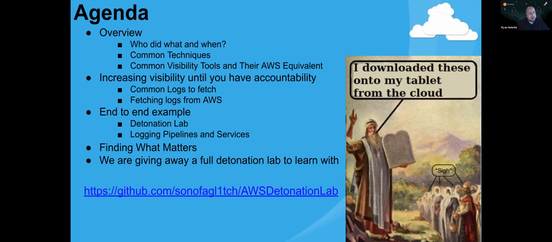Then we're going to go over finding what matters, and at the end we're going to open it up for questions, both about the process, the different tooling used, and AWS technology in general. I recently gave a talk to my team on how to do forensic artifact gathering in AWS, so we can talk about different tooling as well if you have questions about how to do these types of activities in a cloud environment.